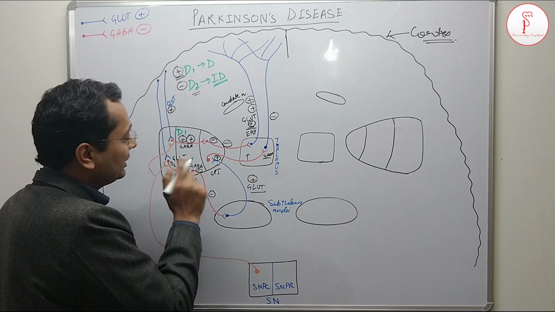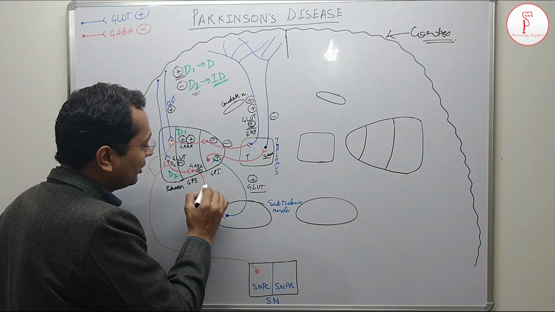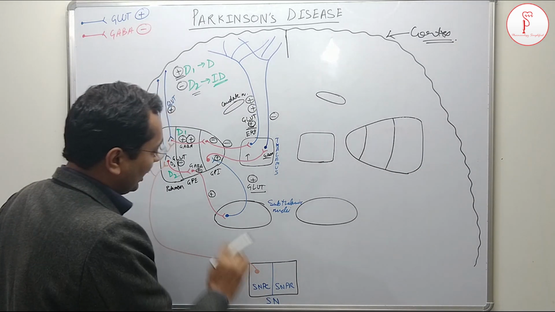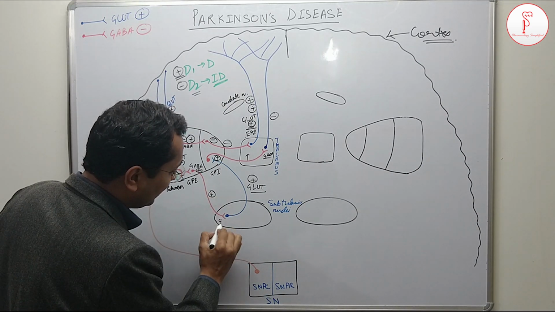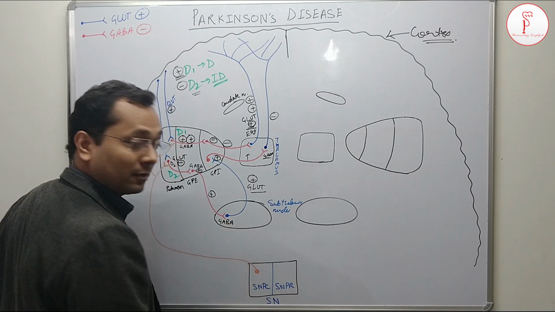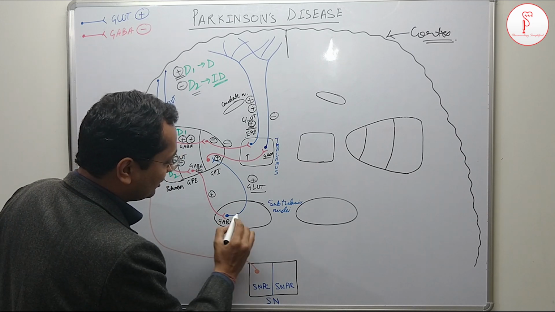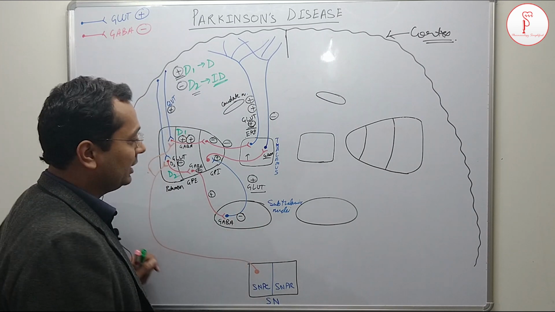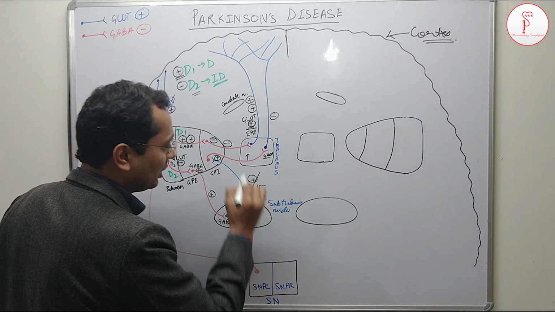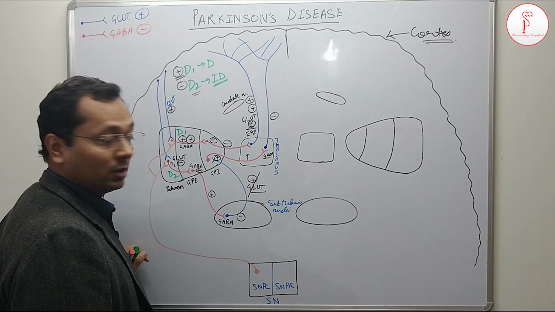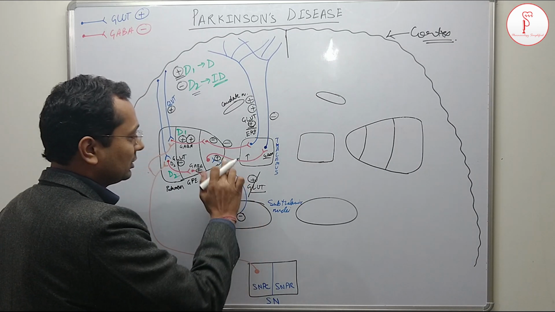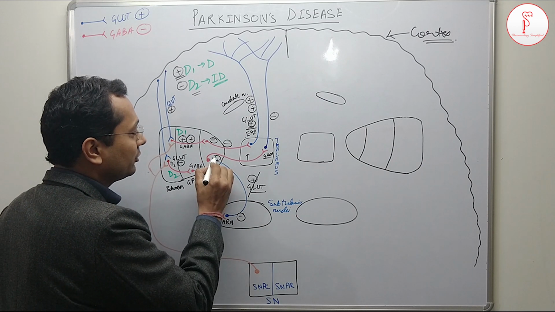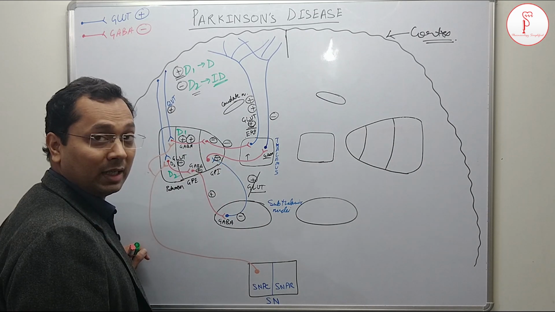And when this GABA is not released, there will be stimulation of this neuron. This neuron will be stimulated. And when this neuron is stimulated, there will be release of GABA here. And when GABA is released here, this neuron will be inhibited, right? So what was happening in this case, now it is not happening anymore. So now this is inhibited, so there will be less release of glutamate here, right?